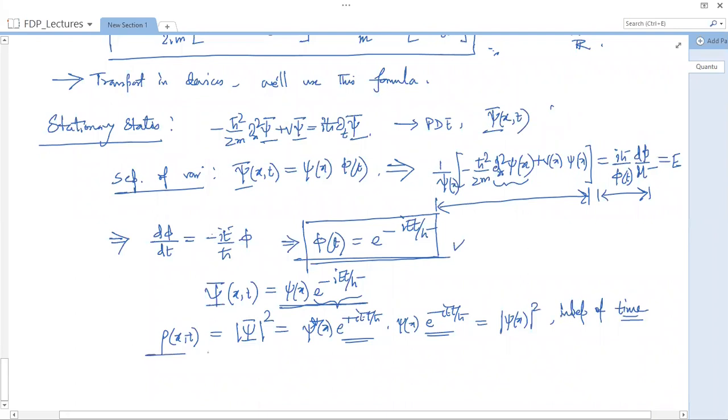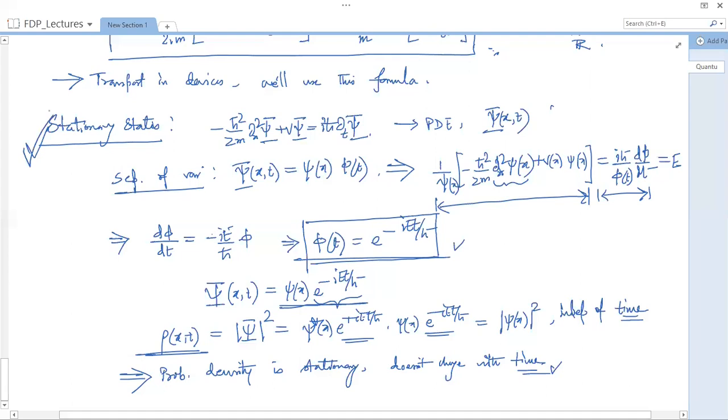So the probability density does not change with time. Probability density is stationary. It doesn't change. And that's why this is called the stationary states, and it will always happen no matter whatever your H is.